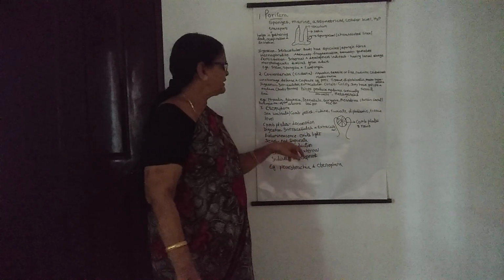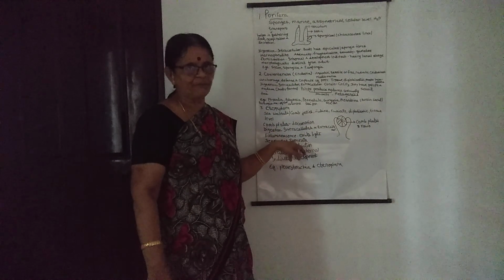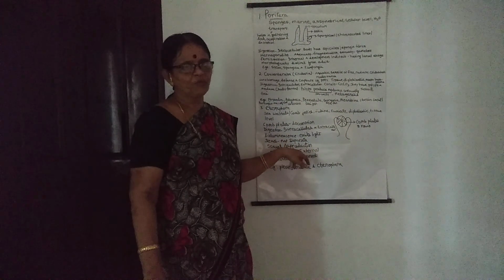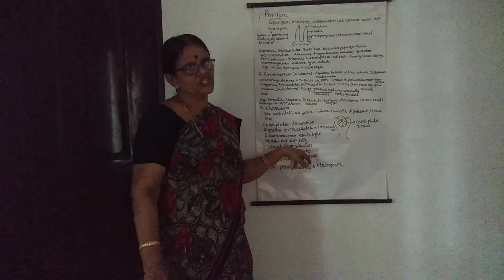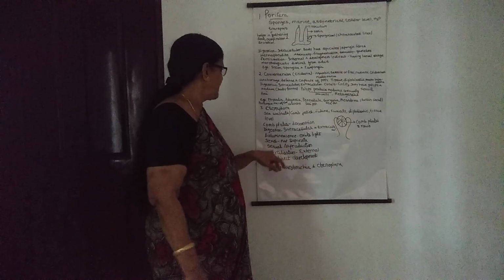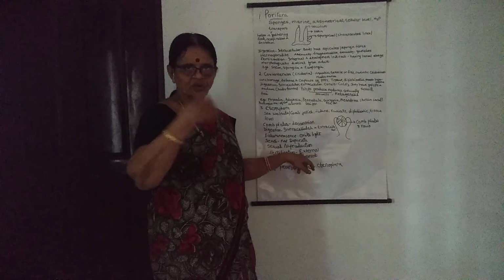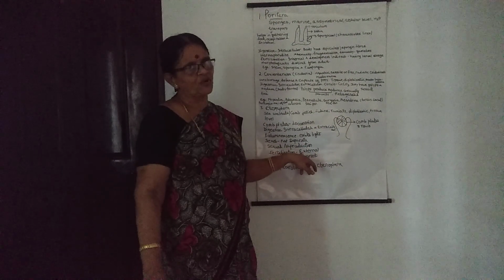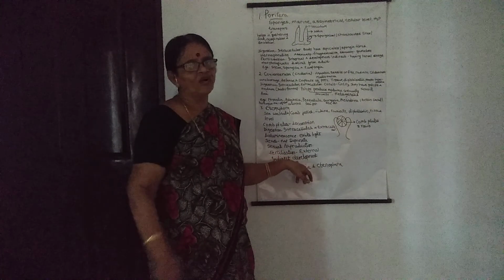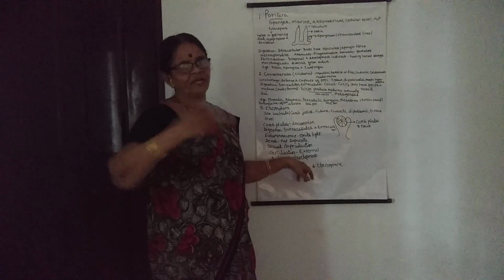Then here the sexes are not separate. They are in the same organism. They undergo sexual mode of reproduction involving the fusion of gametes. The fertilization is outside the body, that is why it's called external fertilization, and it is indirect, not directly forming the adult from the egg.